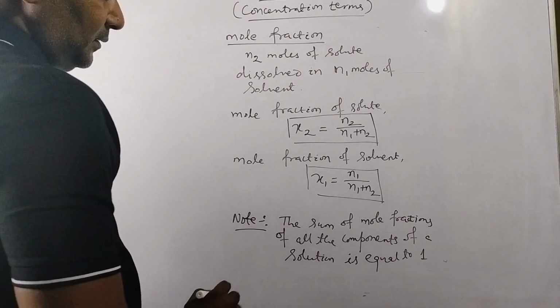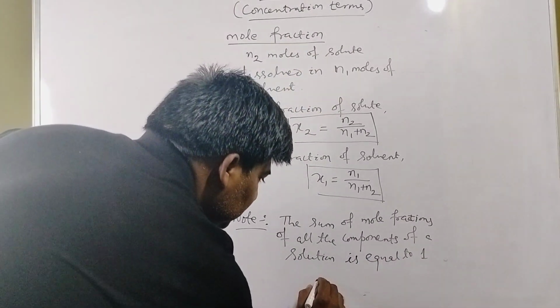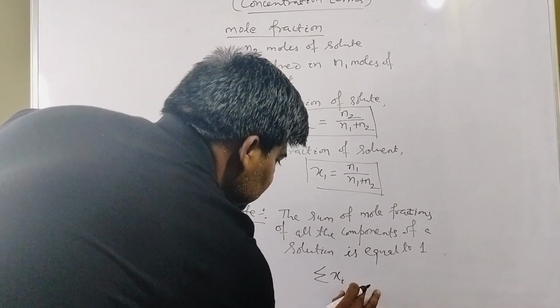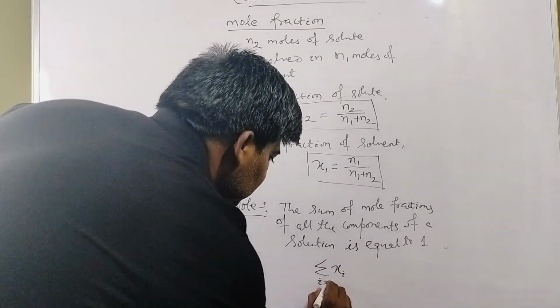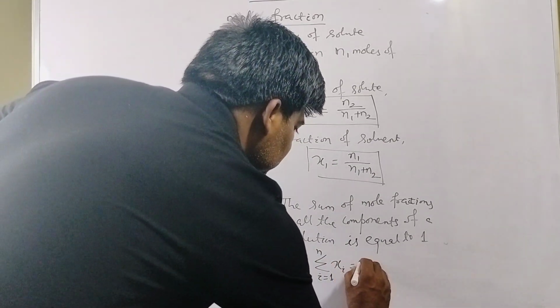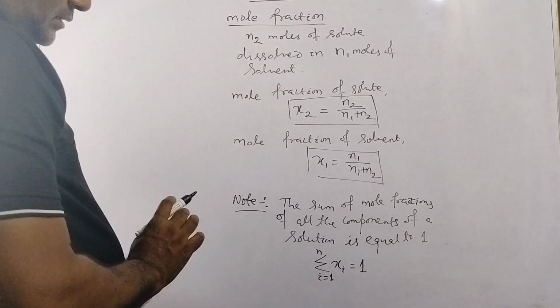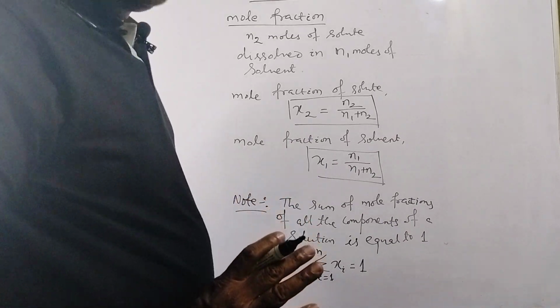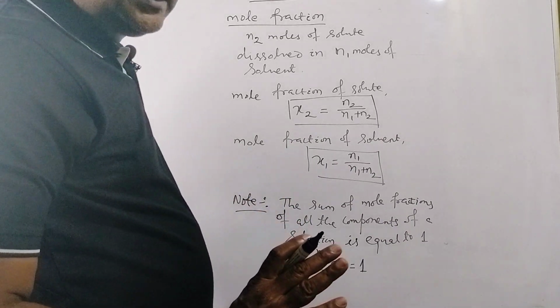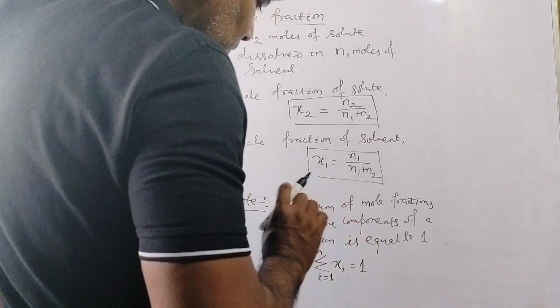So we can briefly note down summation of xi, i from 1 to n, is equal to 1. That means if there are n components of a system, the summation of mole fraction of all the n components is equal to 1.